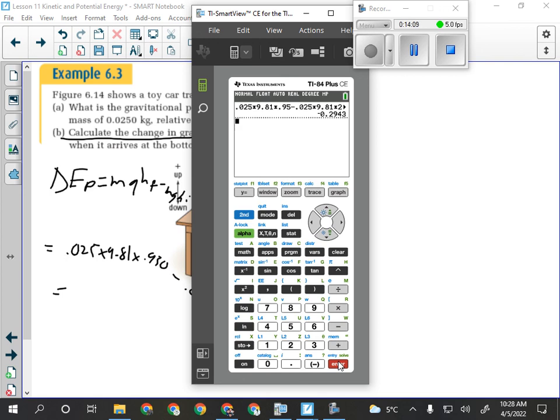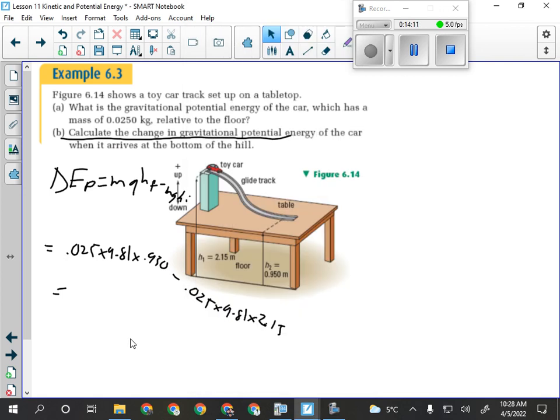And 0.2943 joules, but it's negative. Three significant figures, so negative 0.294 joules.